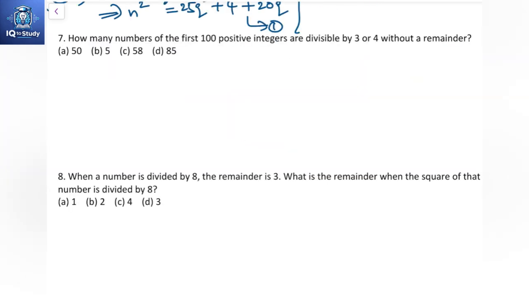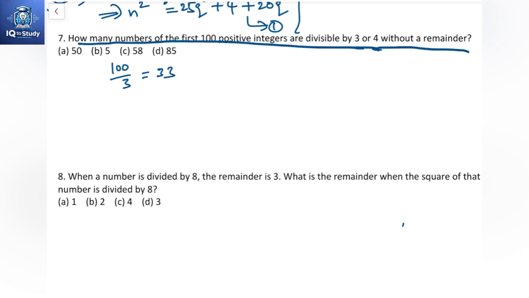How many numbers of first 100 positive integers are divisible by 3 or 4 without a remainder? The total number of positive integers given is 100. 100 divided by 3 is equal to 33, and for 4, 100 divided by 4 is equal to 25.